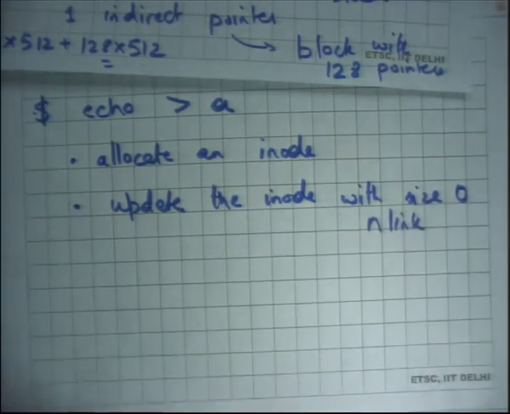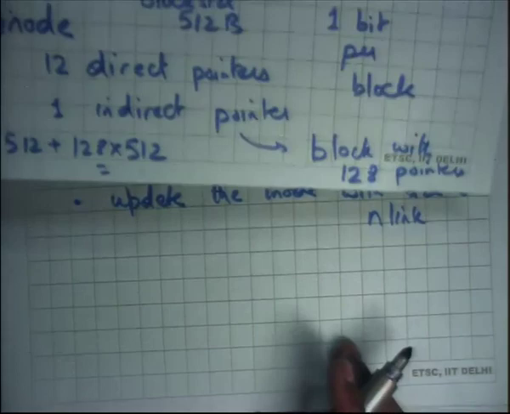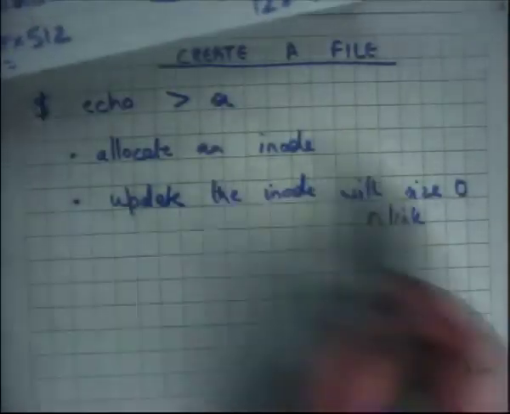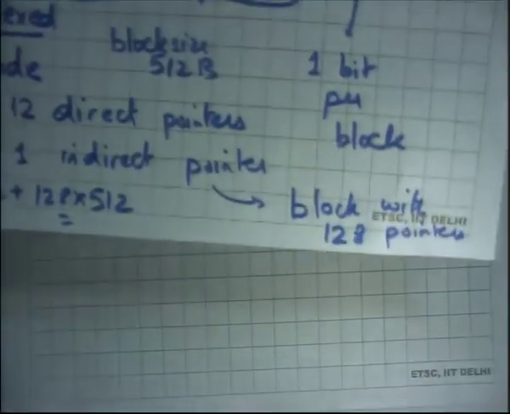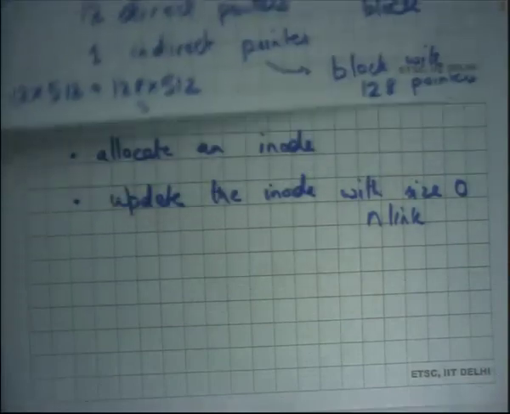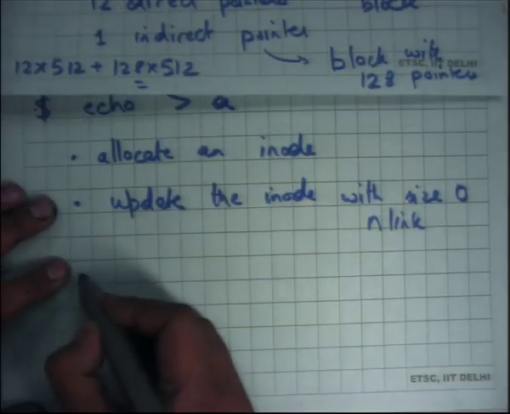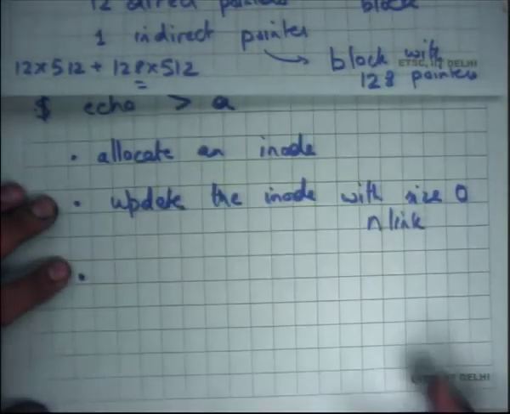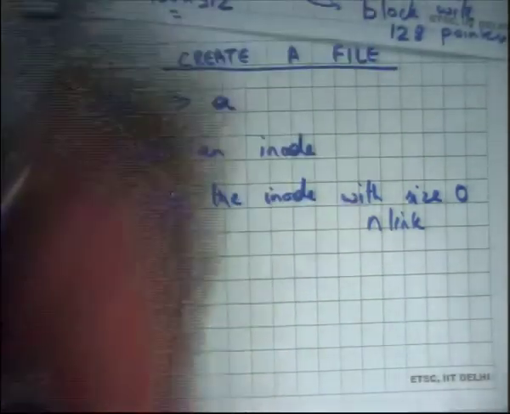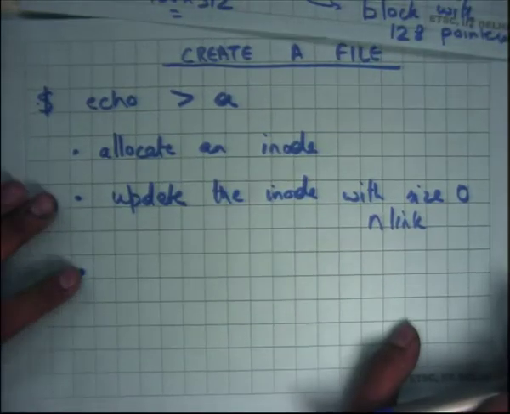For example, now there's a directory that's pointing to this file, so you want to increment its nlink. And you may also want to zero out all the direct and indirect pointers. So that's another disk access. You could have potentially combined the first two disk accesses if you are being smart about it.